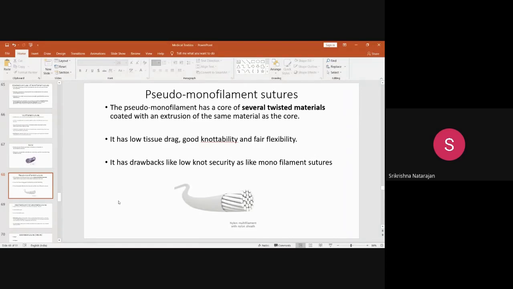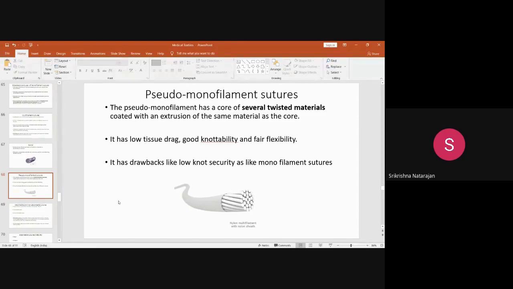Good knottability, that is the knot whichever you are putting when you complete your stitch, that knot strength is good, and fair flexibility. But the thing is, though it has good knottability, that knot will not be secured for a long time. When you see the monofilament suture, that has reasonable security. What does security mean? If you put a knot, that knot should not easily come out. It should not easily get removed.